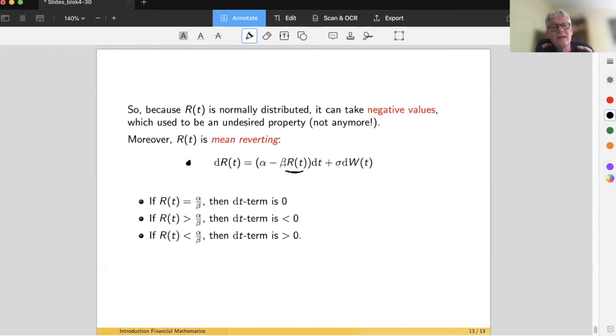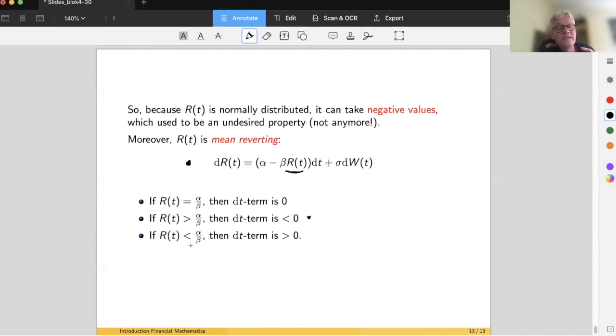When R(t) is larger than alpha over beta, then the dt term is less than 0. So the change in time is pulling it downwards. It's pulled back to its mean.